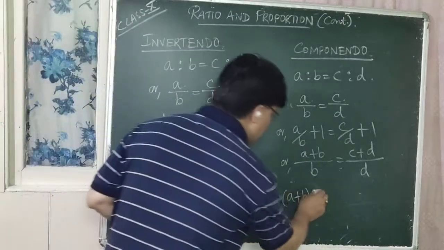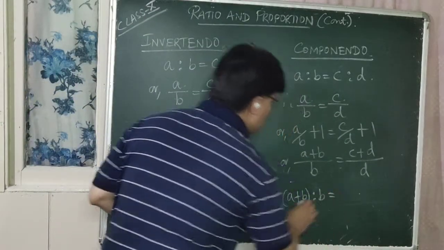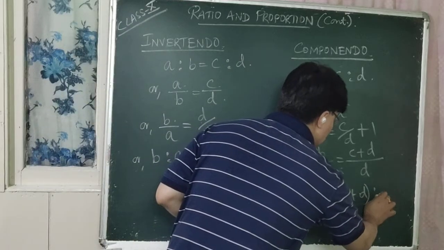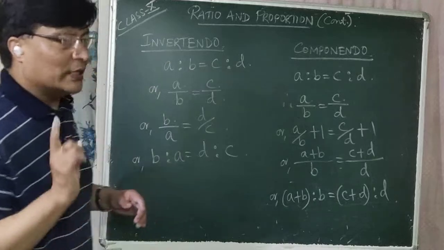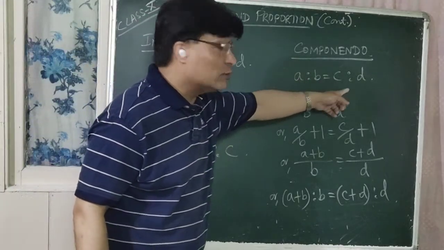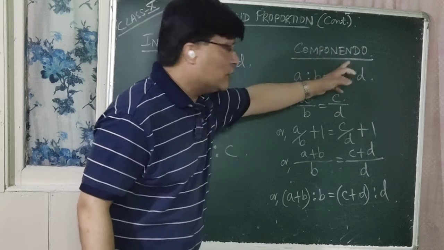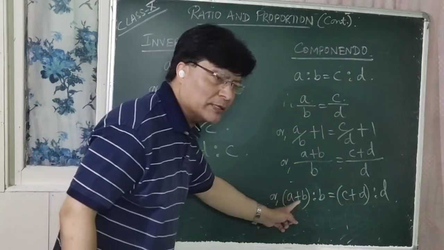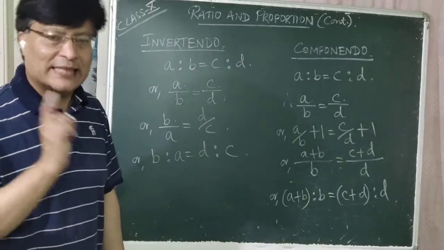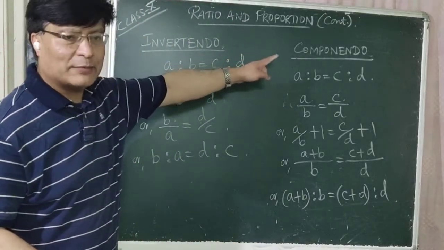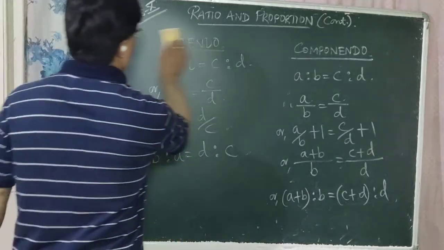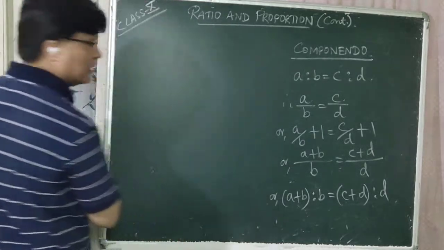That is A plus B is to B is equal to, on the right hand side, it is C plus D is to D. So if you have A is to B is equal to C is to D, then by componendo, what can you write? A plus B is to B is equal to C plus D is to D. That property is known as componendo. Is that clear? So next one is dividendo.